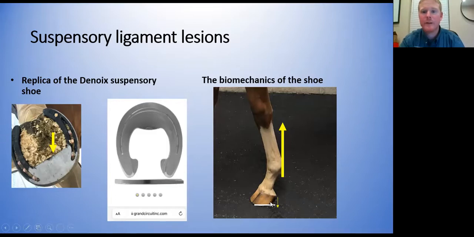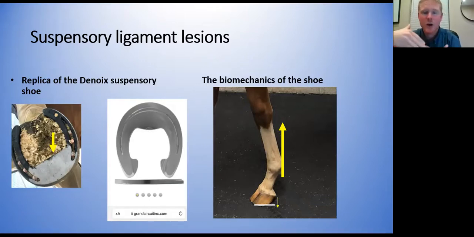Then the heels sink because of the lack of the toe plate and the extended bars and the narrowing of the bars of the shoe. That heel sinks in the ground, and then that actually pushes the fetlock up, and it takes pressure off of your suspensory ligament. So the fibers that are torn in your upper limb are now able to be less strained.